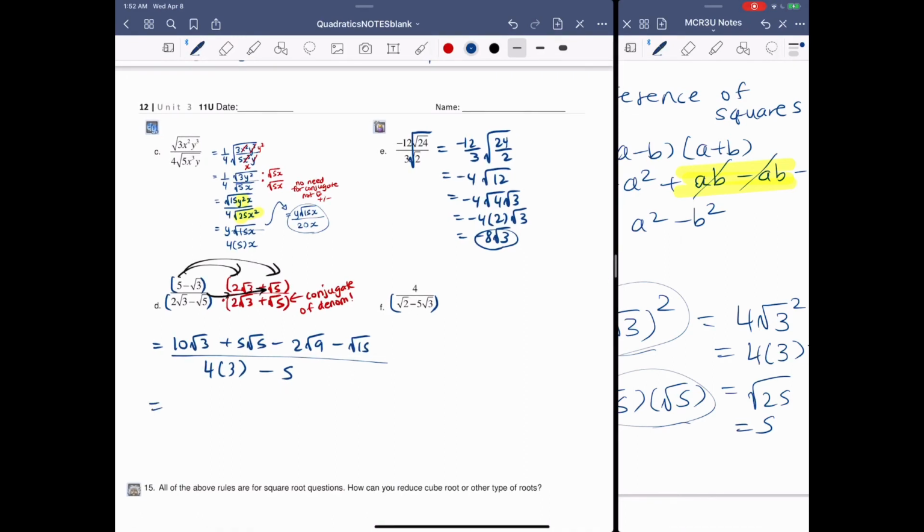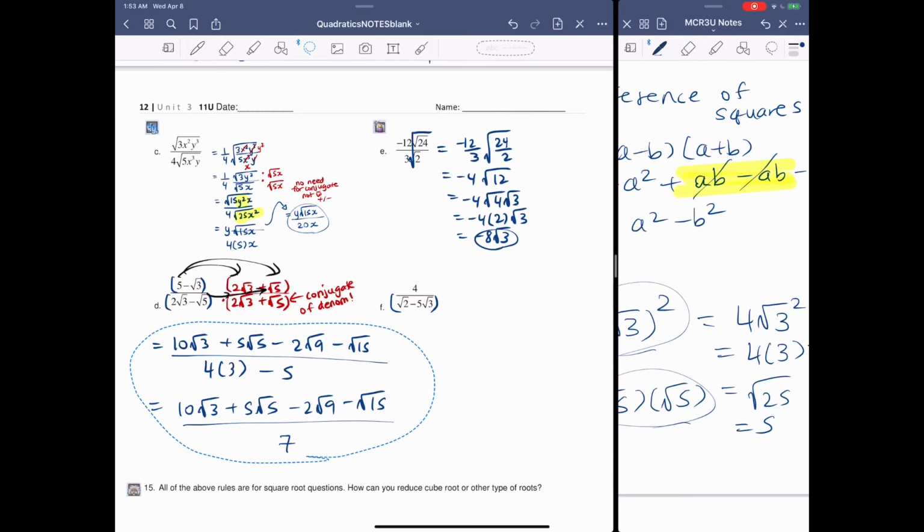Everything along the top, there are no radicals that simplify. Meanwhile, on the bottom, I have 12 minus 5, which is equal to 7. Does this simplify anymore? It does not. So I am going to leave it like that.